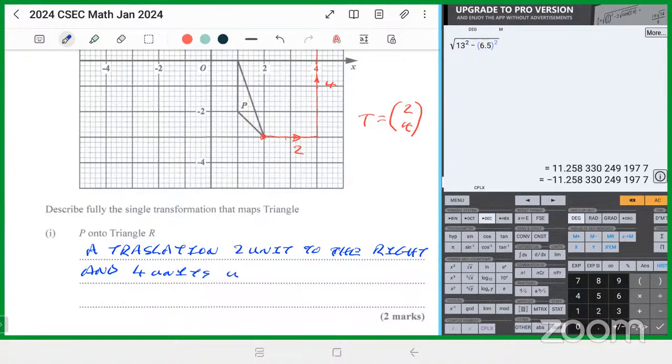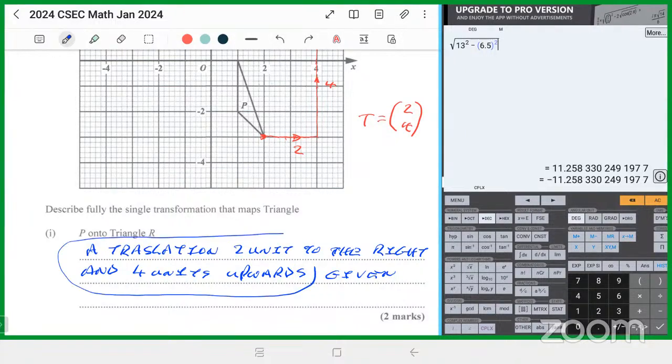I could say 4 units in the y direction, upwards. We can say given by, I think this will be sufficient if we give CSEC this. That will be sufficient for this description, but I'm going to add to it and say given by this translation matrix 2, 4. All right, matrix 2, 4.